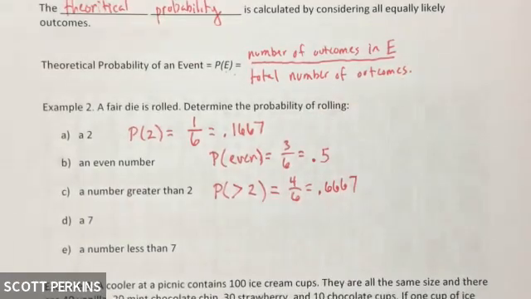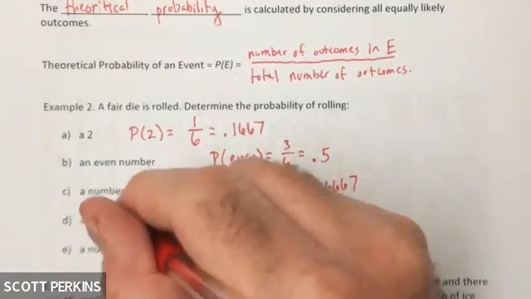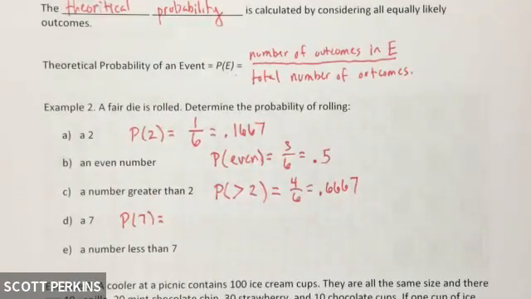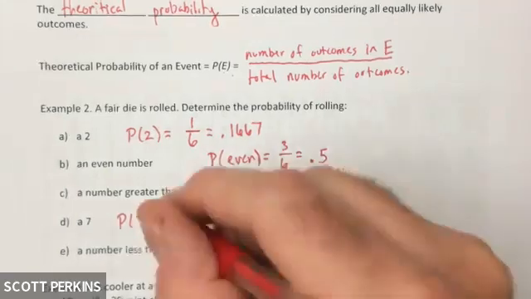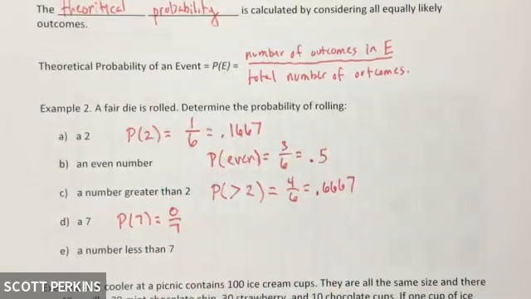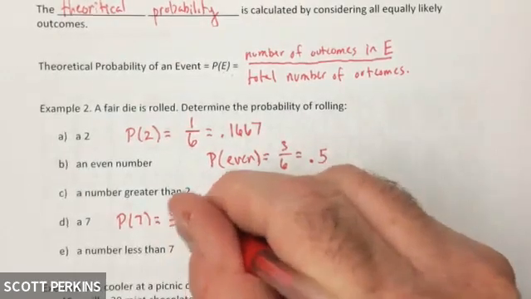So you can see there's variation in probability. The purpose of these next 2 examples is to give us a feel for my range, what probability is telling me. So the probability of a 7. In my list of outcomes that we made earlier, how many of the results were a 7? None of them, so 0 out of 6. If you go into your calculator, 0 divided by anything is 0.